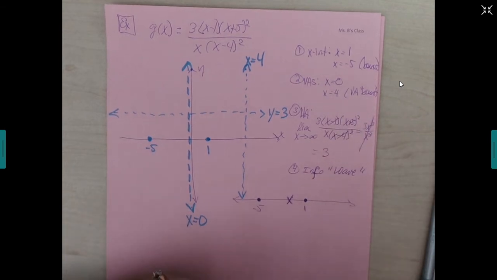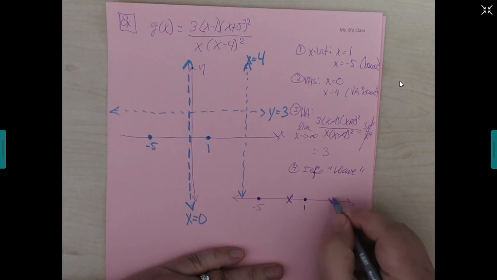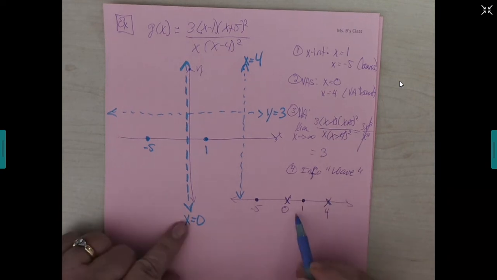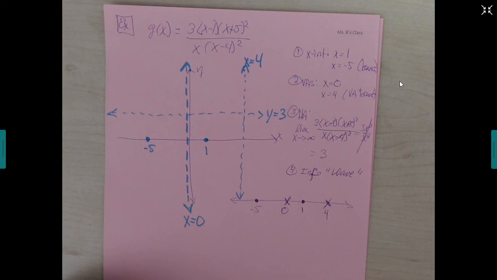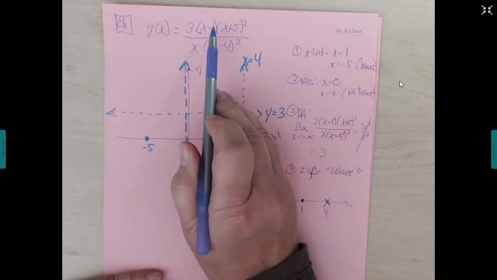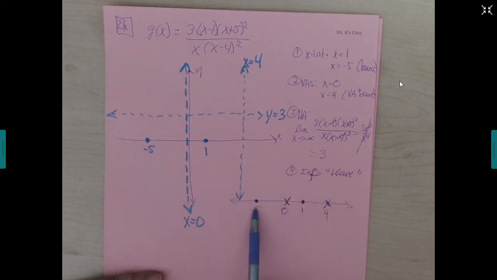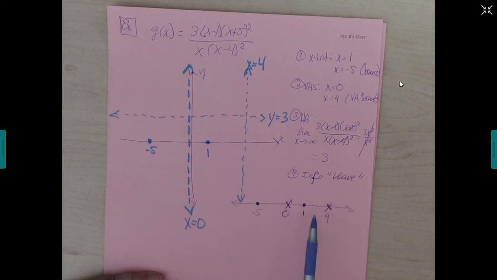Just neglected that there, okay? So let's do the vertical here at 4. That's 0. All right, good. So at 0 and at 4. Good. 1, -5. Okay, and these are in order, right? -5, 0, 1, 4.